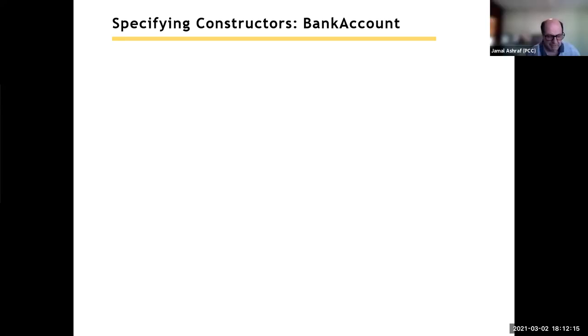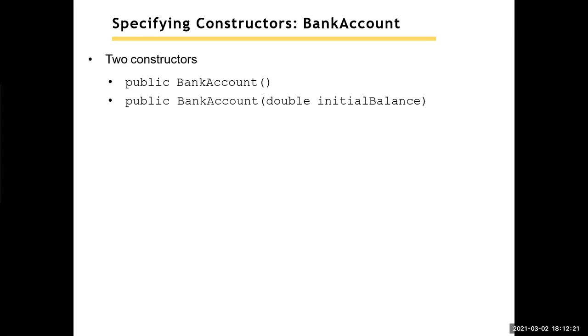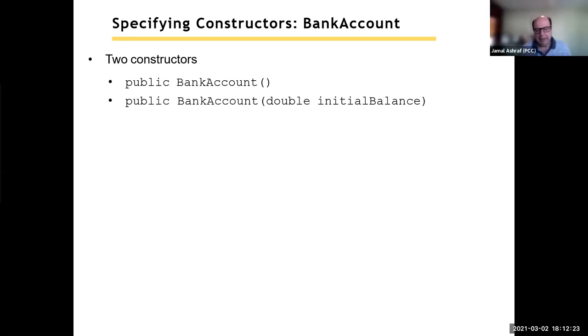Yes. I may have parameters if I want to, or I can leave it blank with no parameters. If I leave it blank, that means I am not receiving anything while I am building my object. That's called a default constructor. That means I am going to be setting my instance variables to their default values.